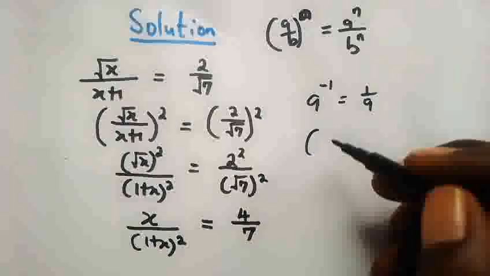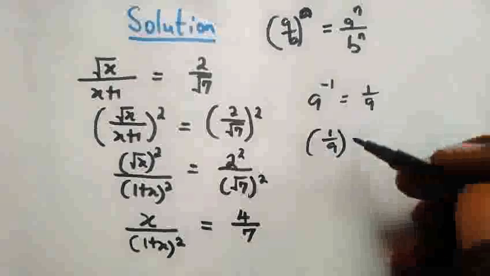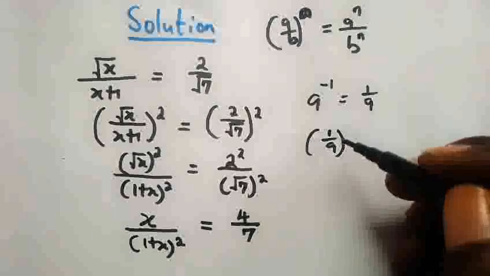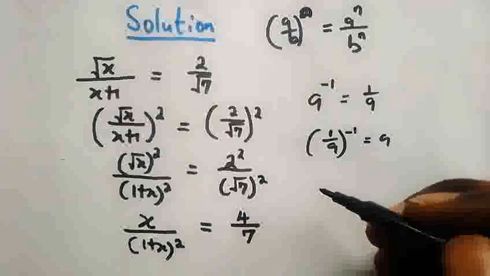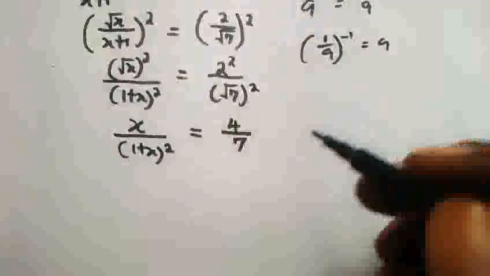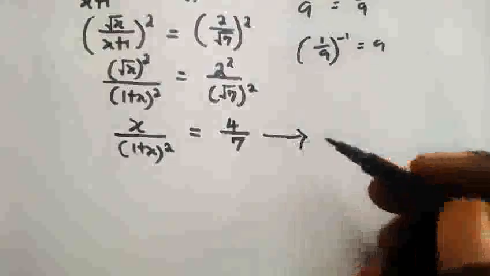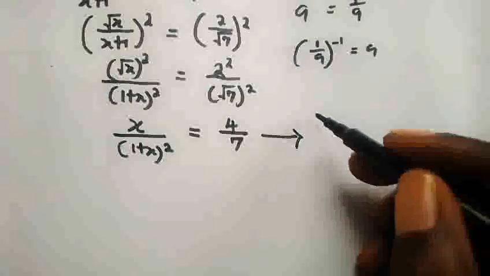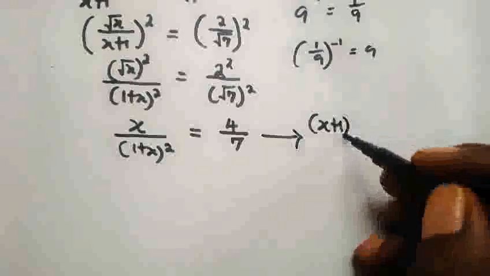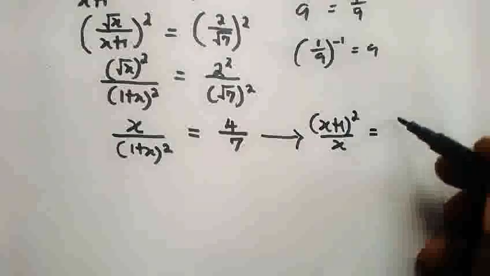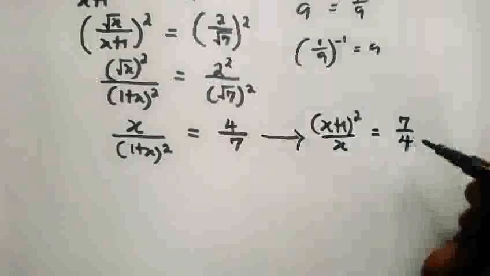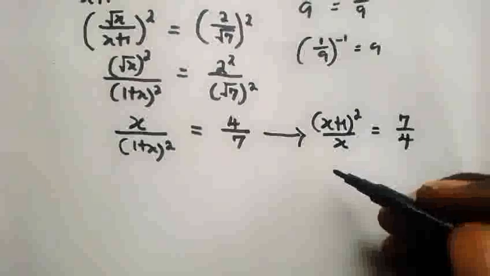If you take the reciprocal of both sides of this equation, we have x plus 1 raised to power 2 all over x is equal to 7 all over 4. I think this makes sense.